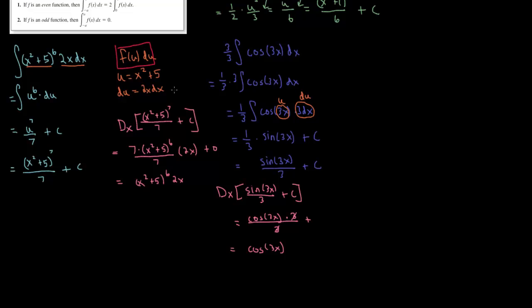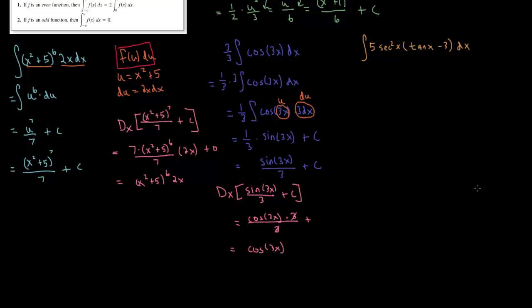Okay, let's look at another trig example. Let's make it a little bit harder. Let's look at the antiderivative, maybe not actually hard, it's going to look harder. Antiderivative of 5 secant squared x times tangent of x minus 3 dx.